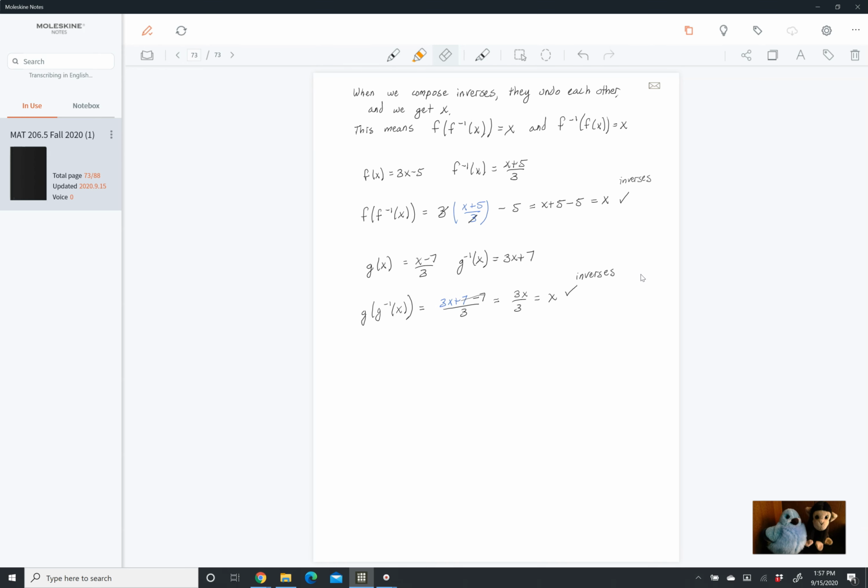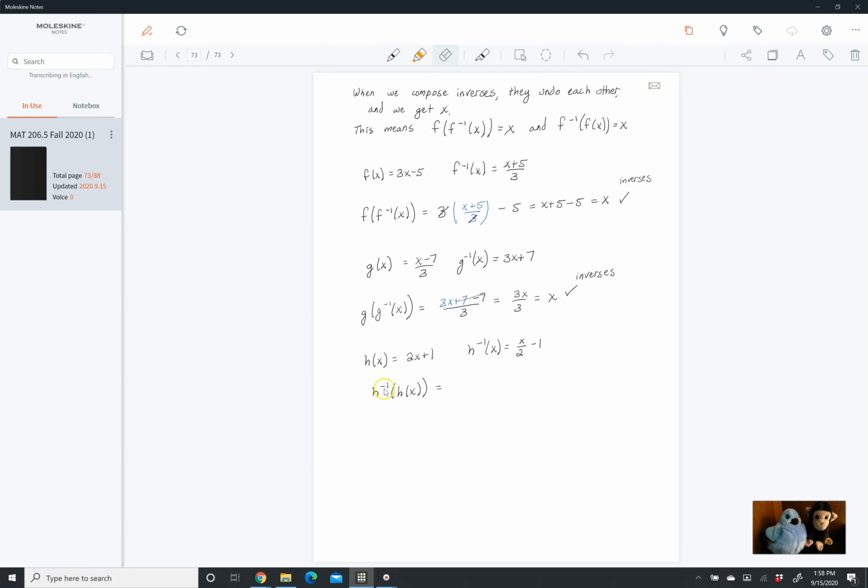Let's take one more example. Let's say that we had h of x is equal to 2x plus 1, and we said h inverse of x is equal to x over 2 minus 1. Okay, let's compose these two functions and see if they're inverses.